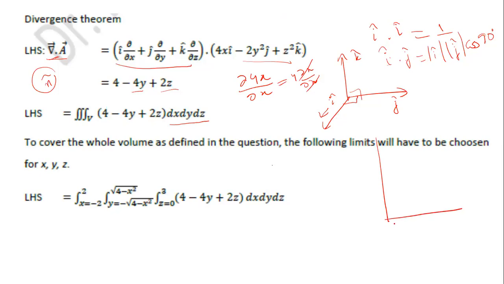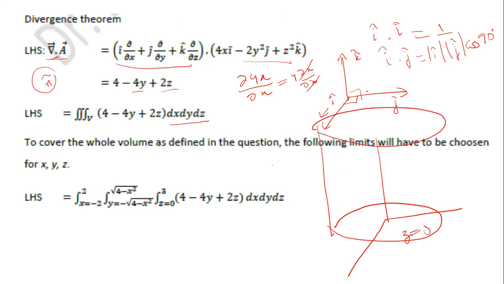Let me just quickly draw it once again. So this is the z equal to 0 surface, and this is the z equal to 3 surface. You just consider a small rectangular box, something like this. This is your infinitesimally small volume element, d tau.